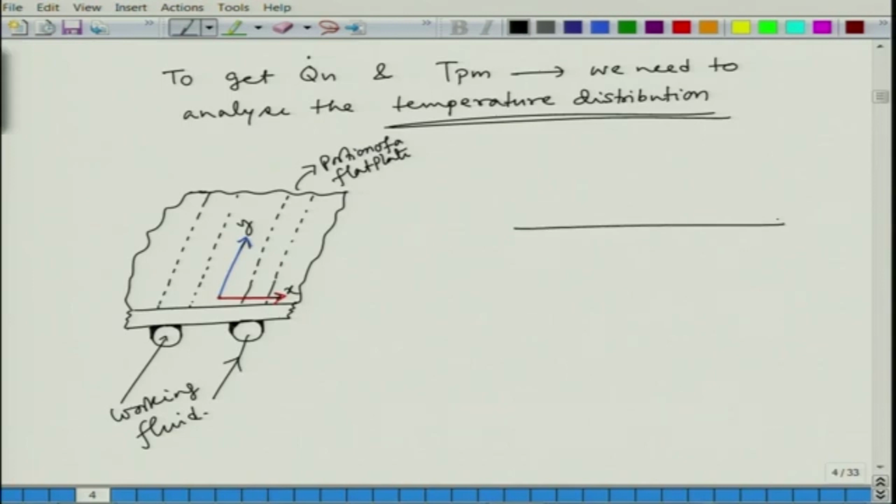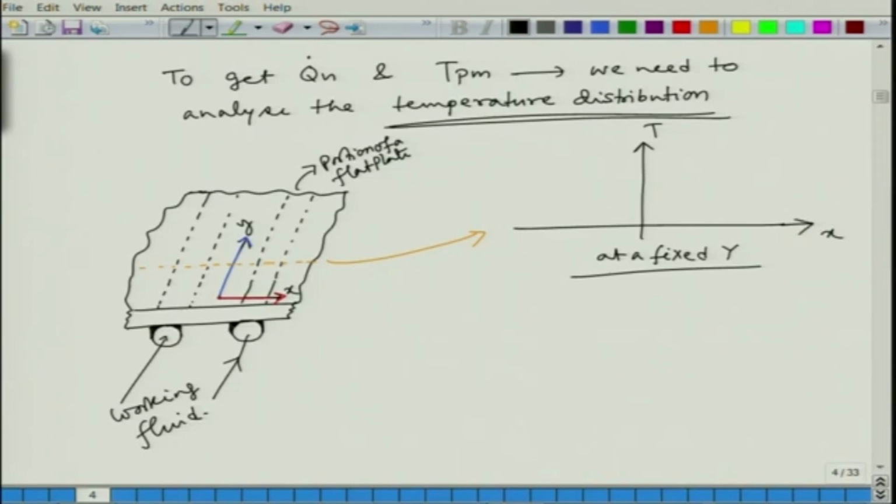So, let us say at a fixed y. Fixed y means you are going along this line. For fixed y, what is varying is temperature on the dependent axis and x on the independent axis.